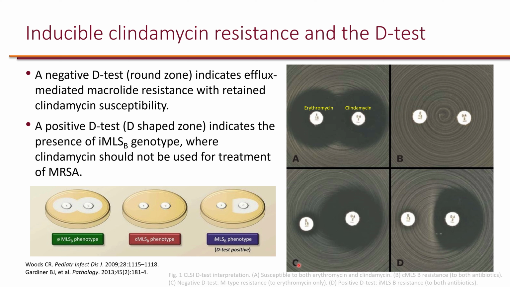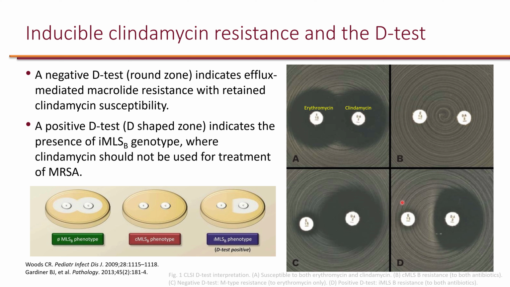So the panel C, you can see that there is a large zone of inhibition around clindamycin, but it actually has grown close to the disc of erythromycin. So panel C over here shows resistant to erythromycin, but susceptible to clindamycin. Now that's how it normally should be, right?